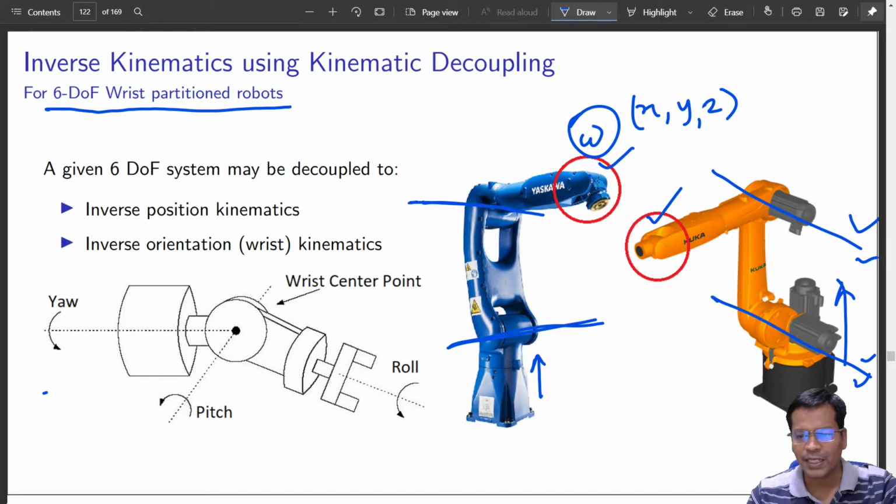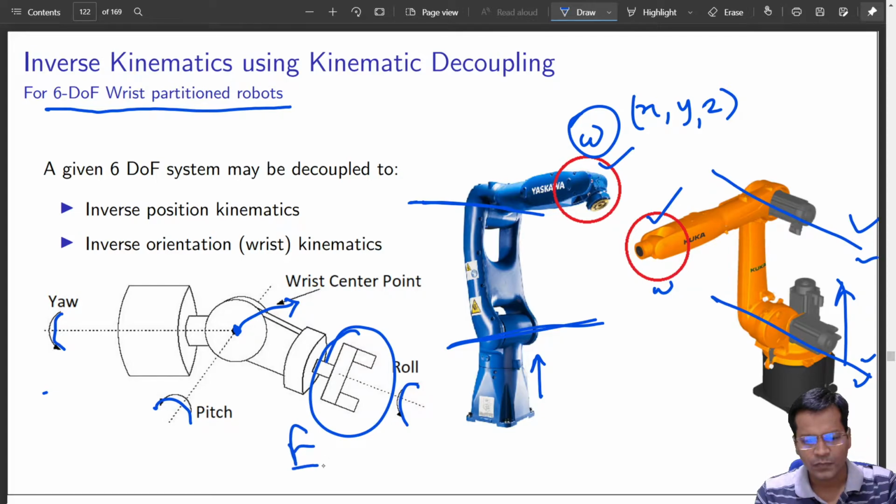Now what does this additional 3 degrees of freedom at the wrist do? The yaw axis, pitch axis and roll axis intersect at this point, known as the wrist center point. Basically it orients the end effector frame to any orientation. That means roll, pitch and yaw it can attain.